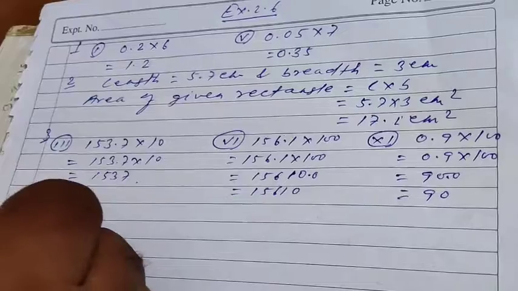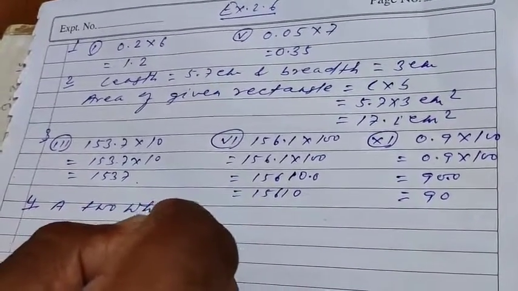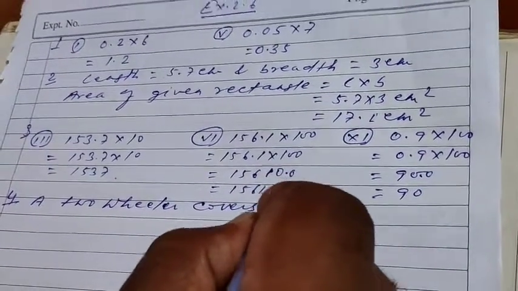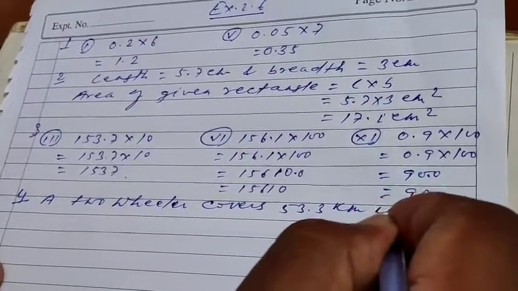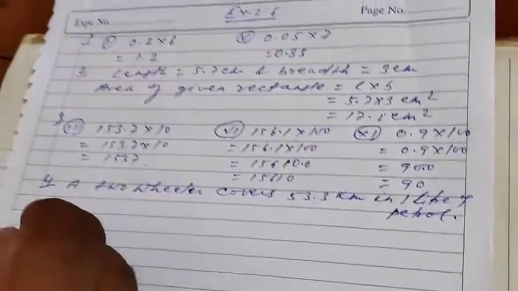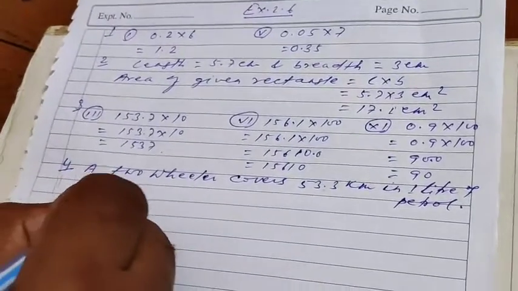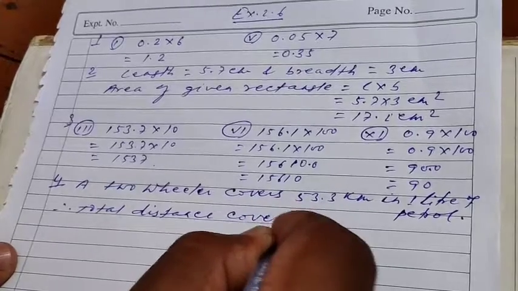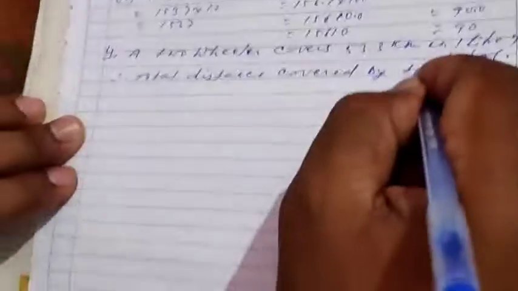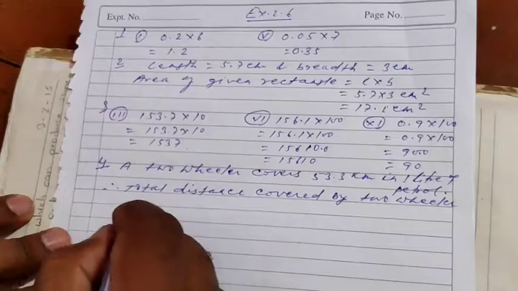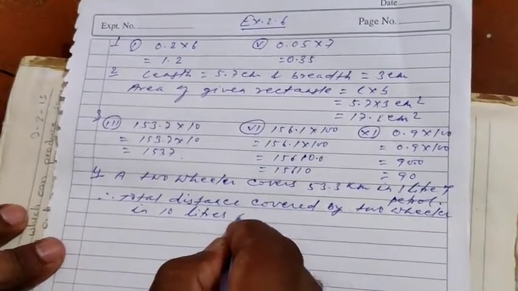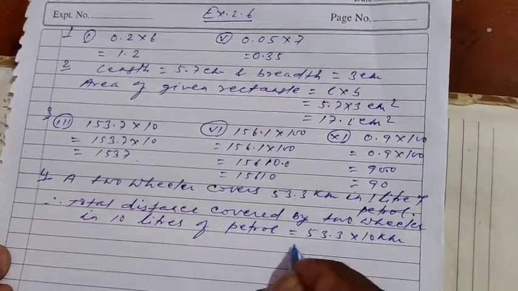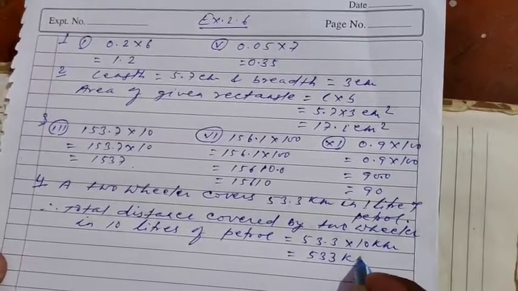Therefore, a two-wheeler covers 53.5 km in 1 liter of petrol, and therefore the total distance covered by the two-wheeler in 10 liters of petrol is equal to 53.5 into 10 km, and this equals 535 km.